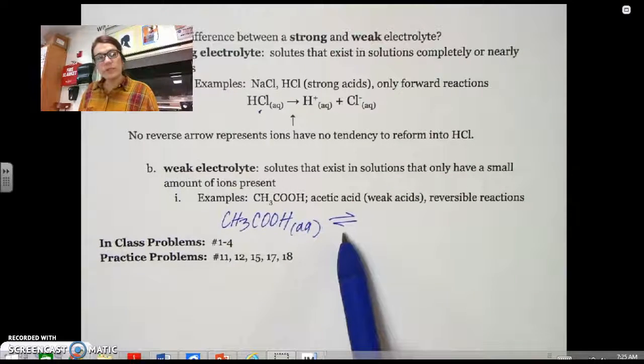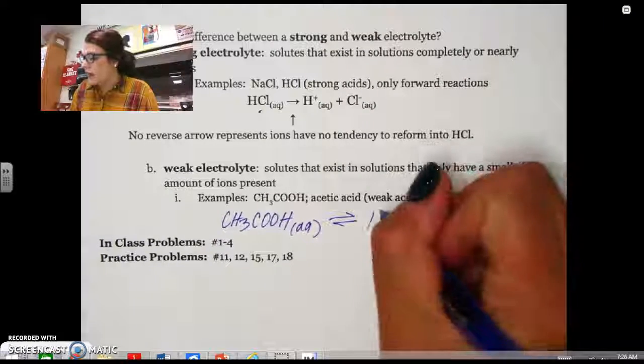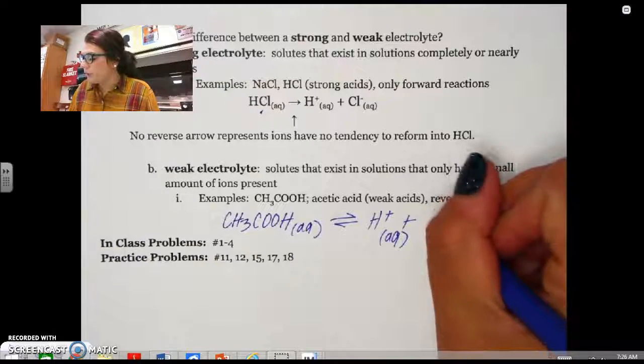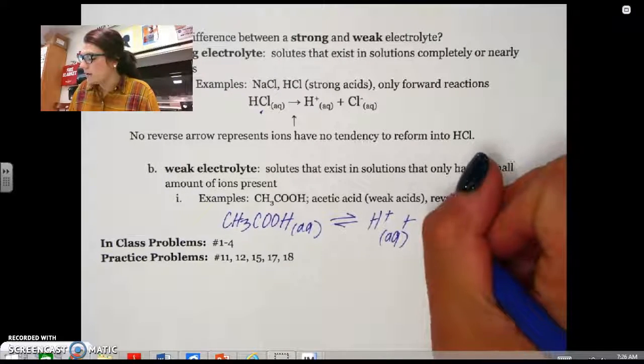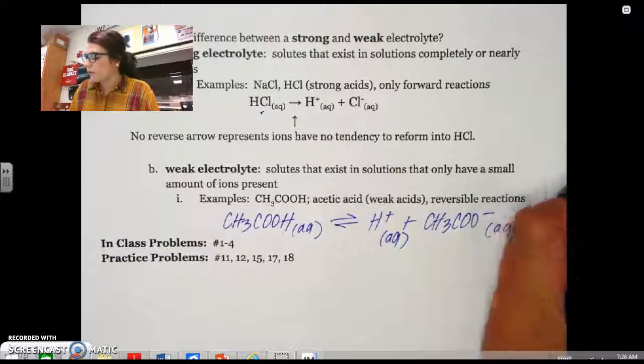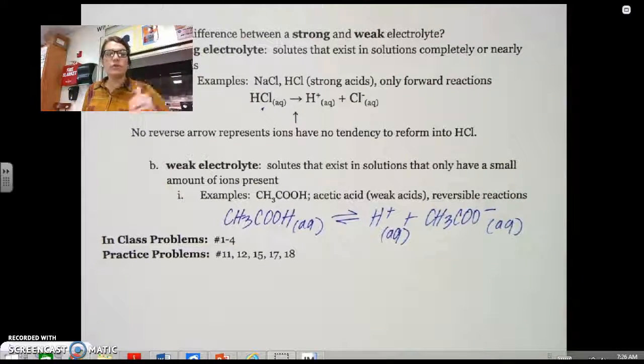So now I have a reverse arrow indicating it's a reversible reaction, so I can go back to a full acetic acid compound. So that's the difference between weak and strong. What you need to know is your strong acids, so you can tell me that those are considered strong electrolytes and you have all ions in solution.